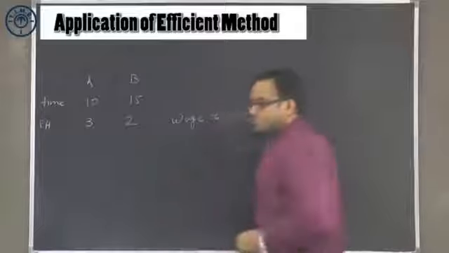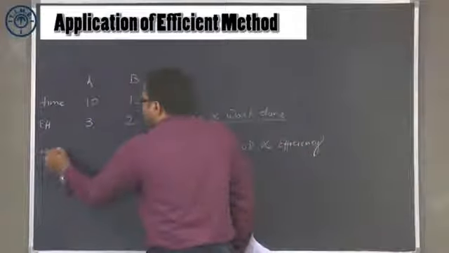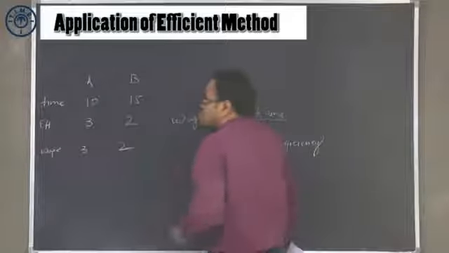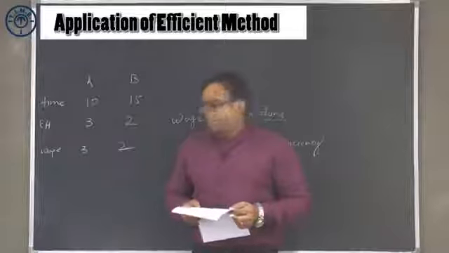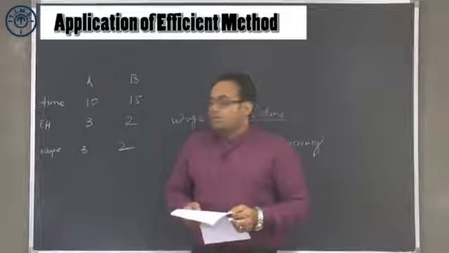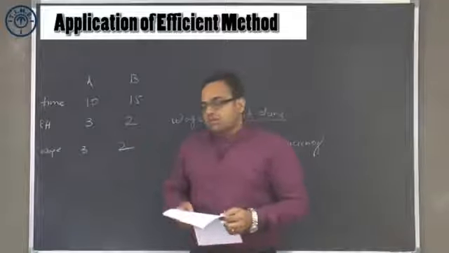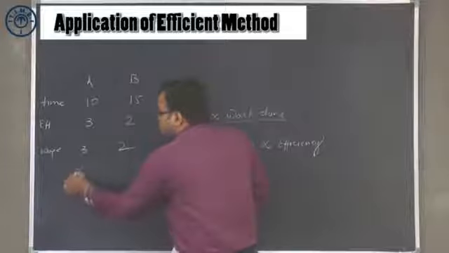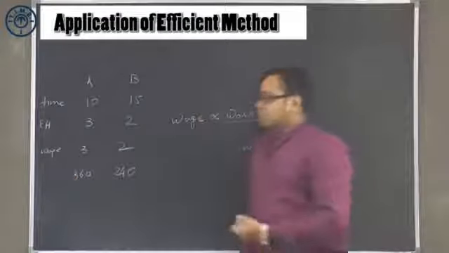So the wages they will get will also be in the ratio 3:2. The total money given to us is 600 rupees. Out of this 600, A will get 3/5 and B will get 2/5. So 120 into 3, 360 is what A will get, and 240 is what B will get. So that will be your answer.